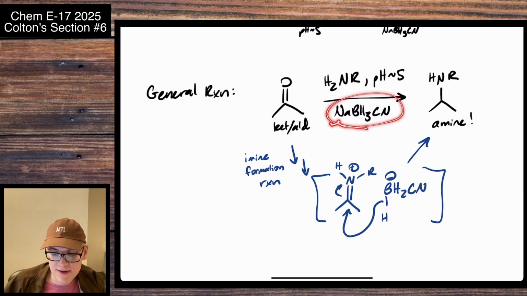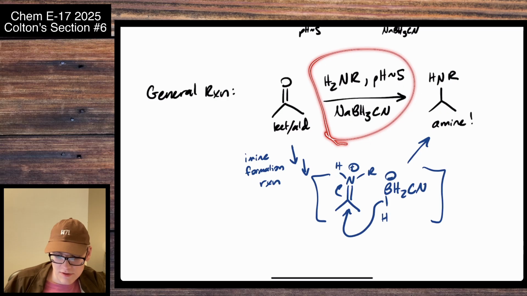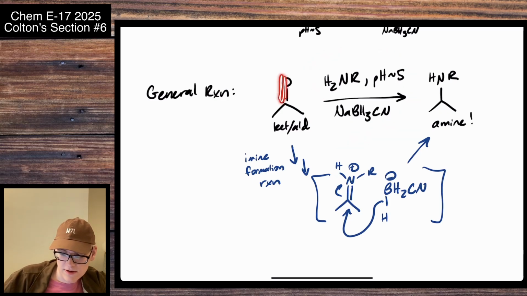So we can keep it at pH 5 with the amine here. When we put all of these together, we are replacing the carbonyl with our amine, and the other thing added onto the carbonyl site, which we didn't write out, is a hydrogen. That's from the reduction by NaBH3CN.